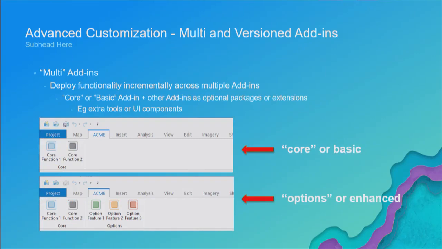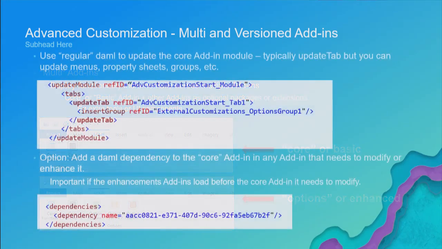Let's say that you have some core or basic functionality that you have previously deployed, and you want to enhance that with an additional add-in. For example, you want to add additional features to your tab. This is a straight-up DAML customization.